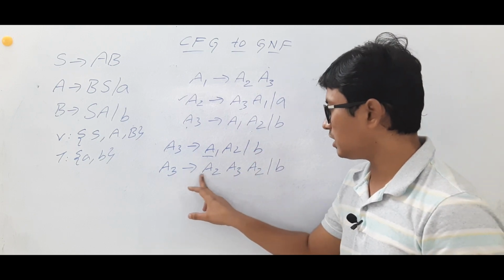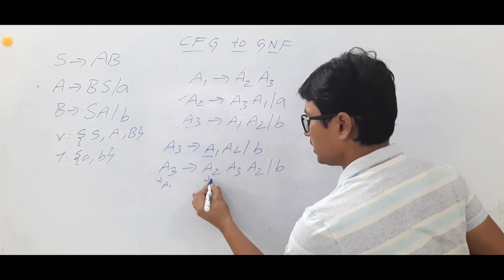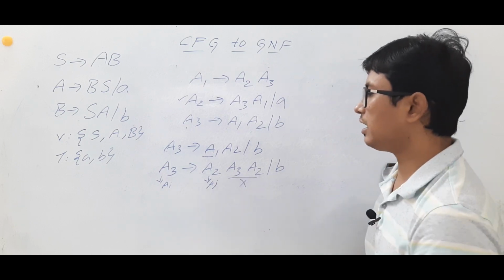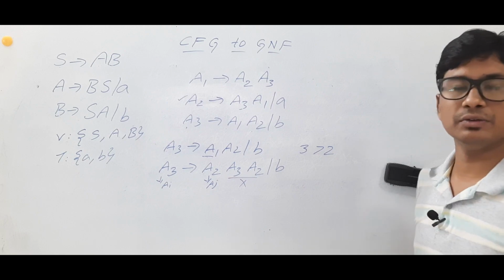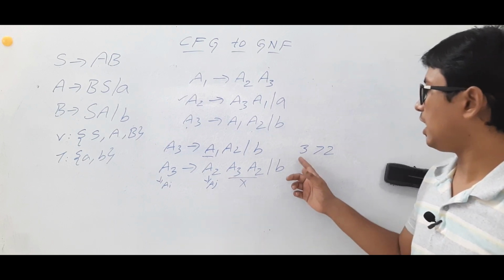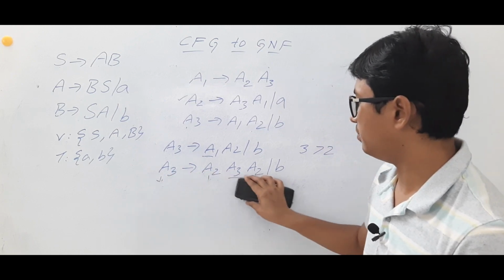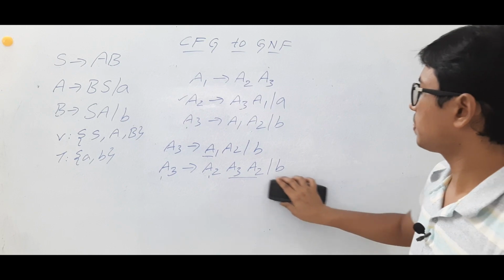Now if I consider again this as AI, this as AJ, then still this is X, still the I value is greater than the J value. Am I right or wrong? Still I value is greater than J, so it is still not in the proper form. Always I value should be less than J only.